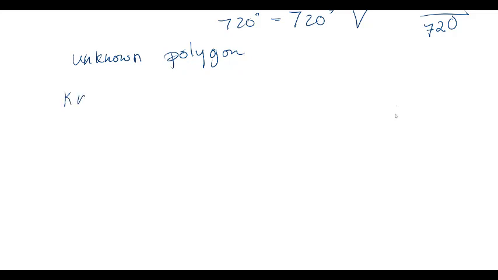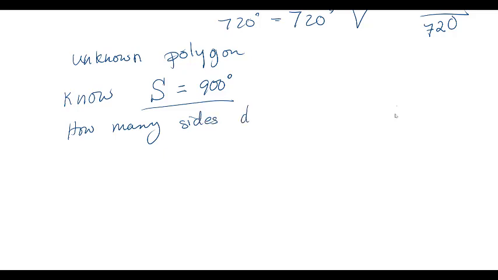So we know that the sum of the angles equals, let's say, 900 degrees. So this is what we know. And using that, the question is, how many sides does the polygon have? Okay, so let's see if we can write up this problem as a linear equation.